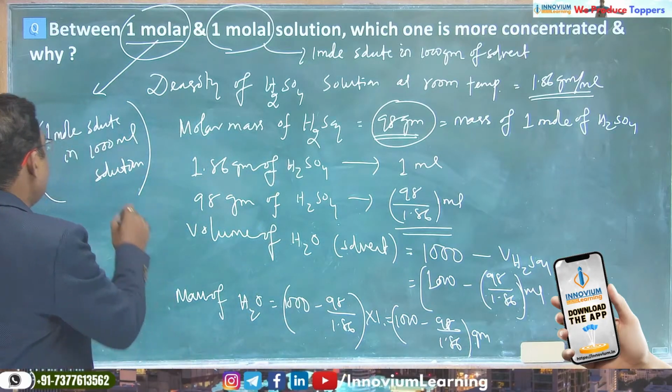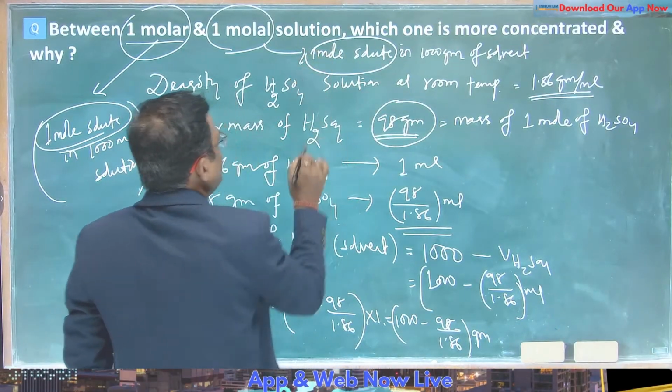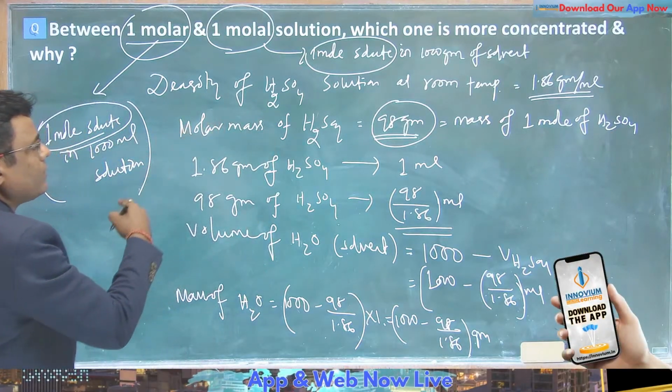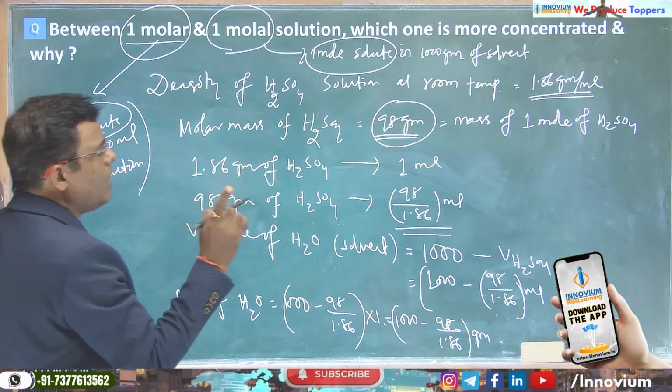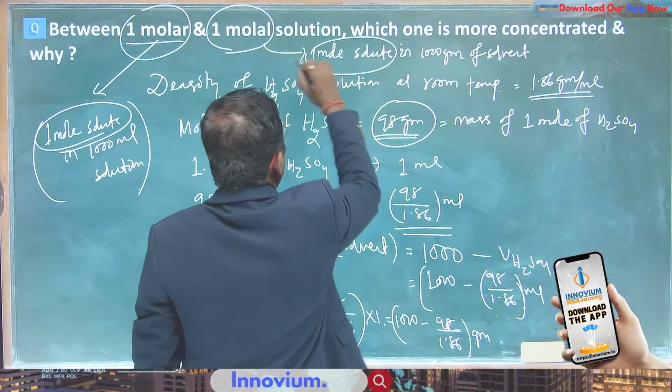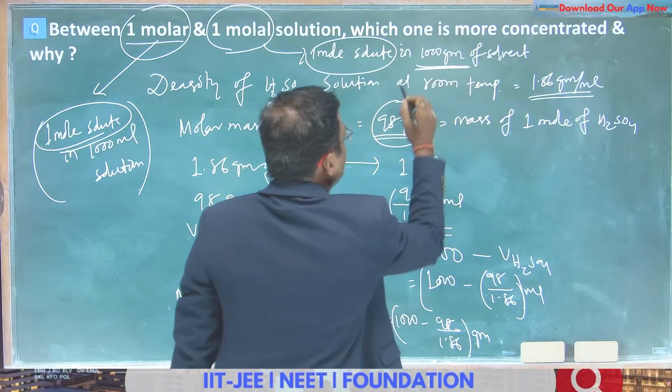So you see same 1 mole of H2SO4 here. Correct? Here also 1 mole of H2SO4. In both cases, solute amount is same, 1 mole. But the difference lies with the amount of solvent. Here for 1 molar, that solvent amount is 1000 gram.